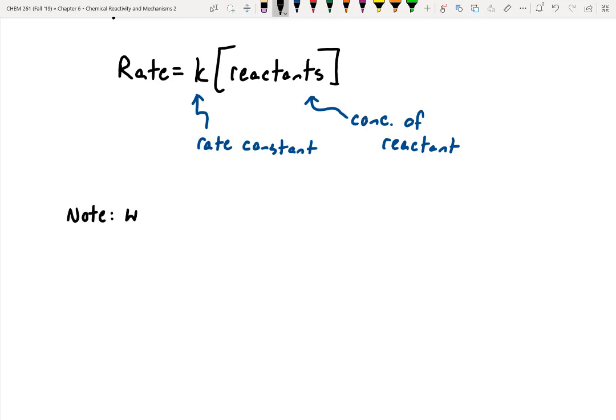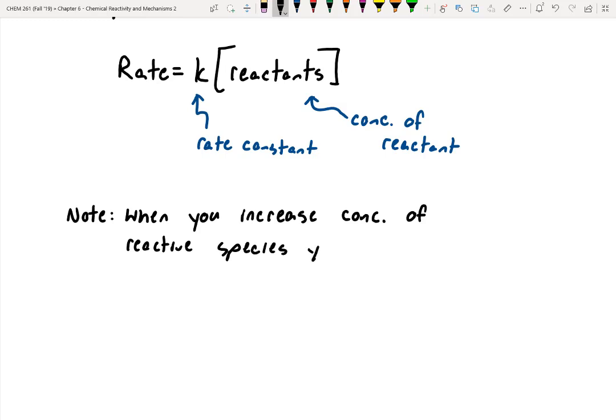So note, when you increase concentration of reactive species, you increase the probability of collision.